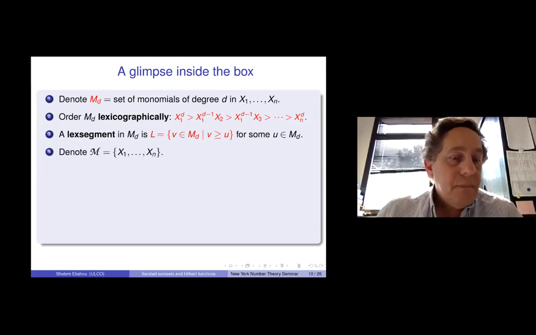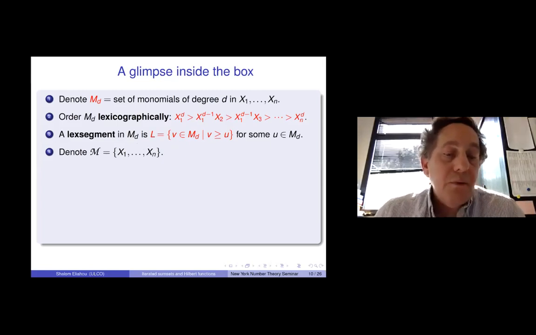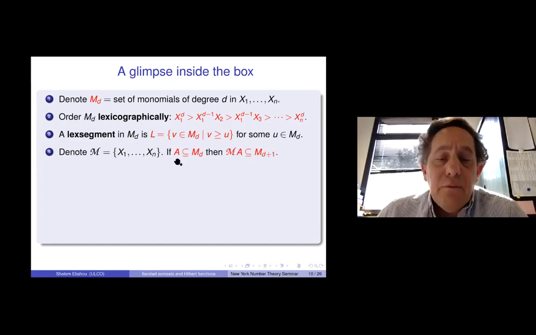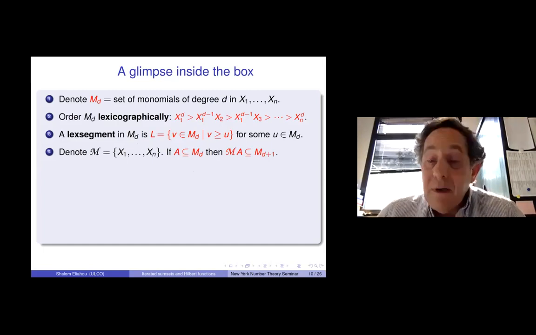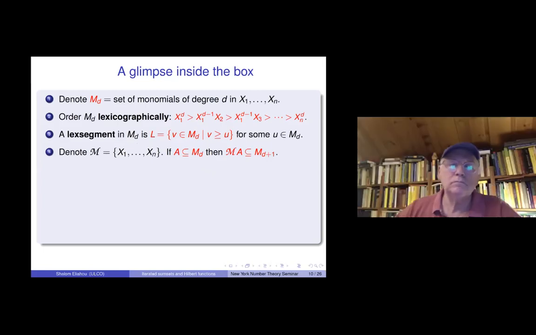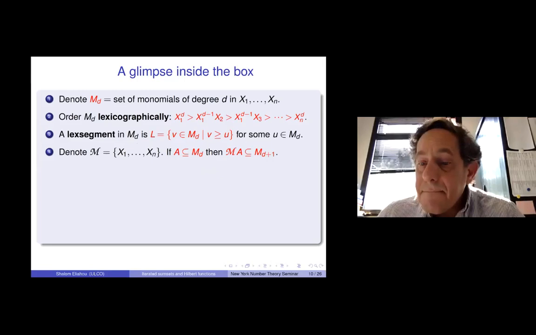Okay, now denote M, M1, all the variables, all the monomials of degree 1. And now, of course, if you have a bunch of monomials of degree D, then you multiply them by the variables and you get a bunch of monomials of degree 1 more, okay?